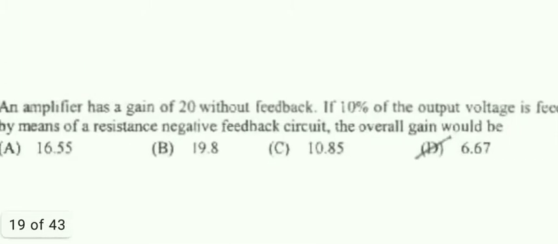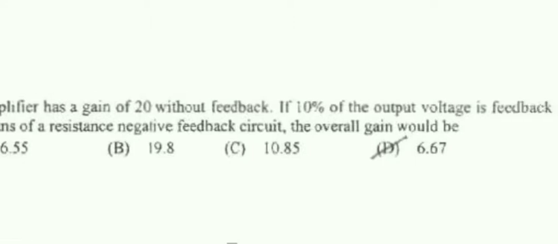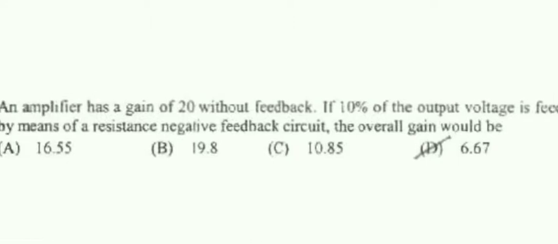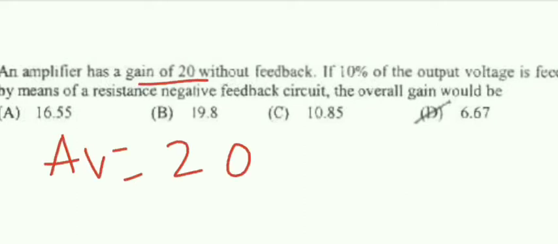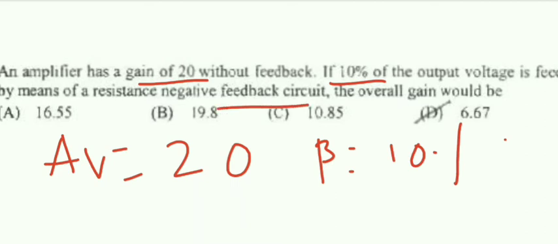Next one, an amplifier has a gain of 20 without feedback. If 10% of the output is fed back by means of a resistive negative feedback circuit, what is the overall gain? Amplifier gain AV is equal to 20, feedback factor beta is 10%, and it is negative feedback.